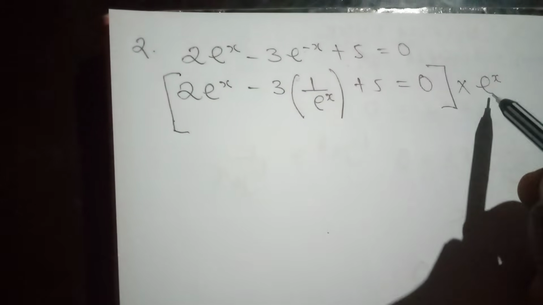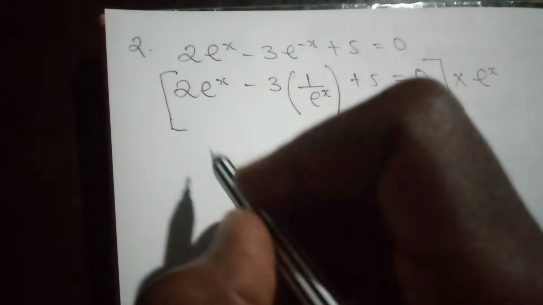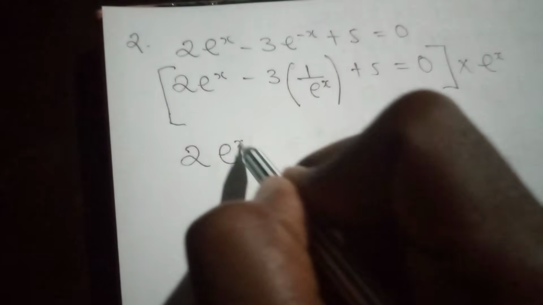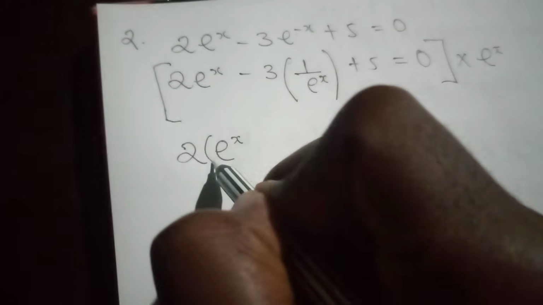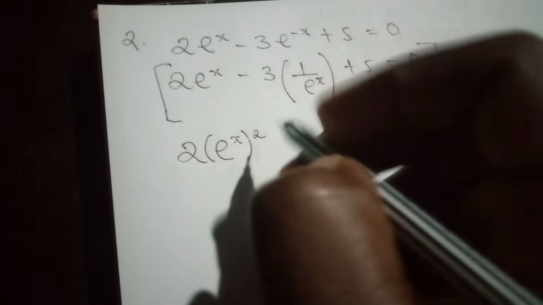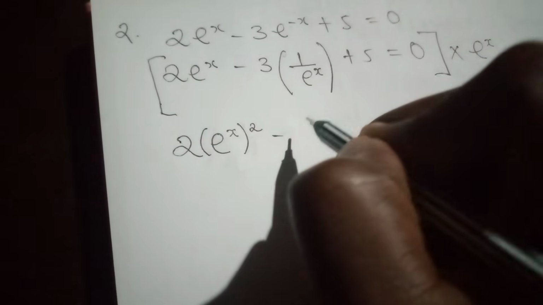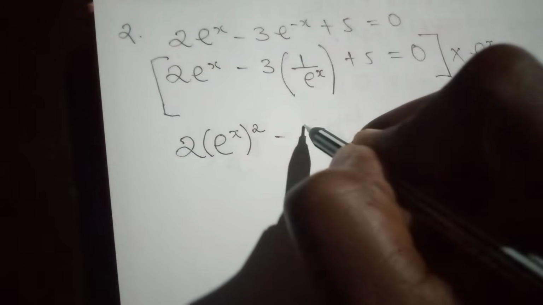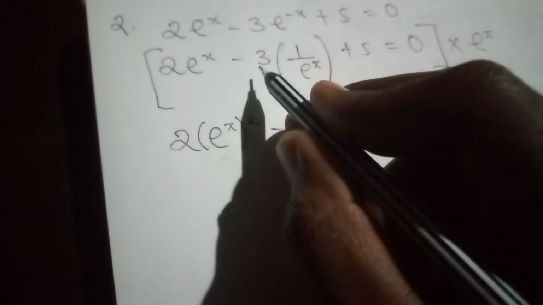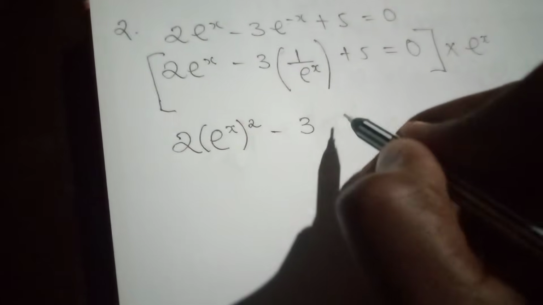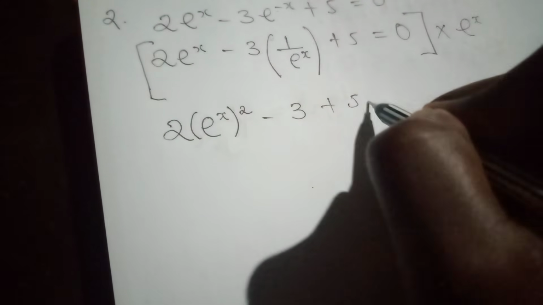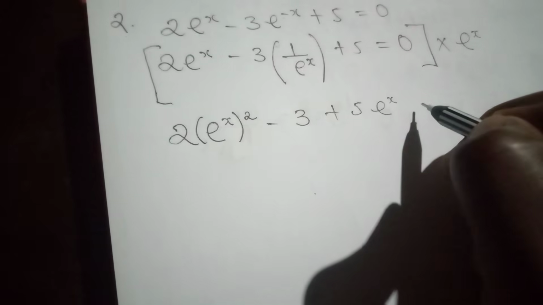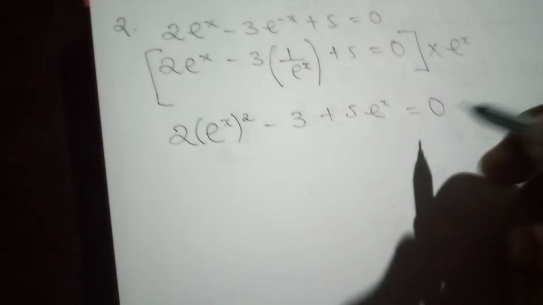When I multiply that, I'm going to have 2e to the x squared minus, so that one and that one are going to cancel. I'm going to remain with the negative 3 plus 5, and that is equal to 0.